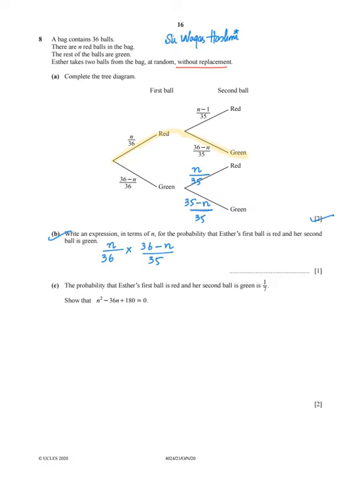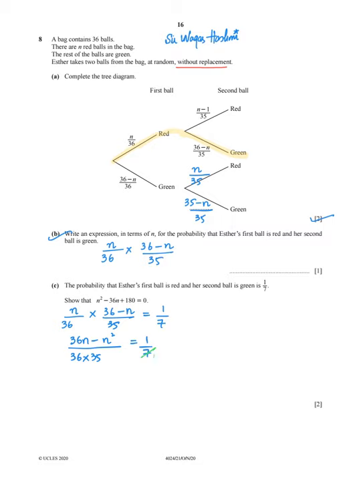So the equation we made in part B is n divided by 36 times (36 minus n) divided by 35, and now it is given that it equals 1 upon 7. Now we need to solve it. So 36 multiplied by n, it's (36 minus n squared) divided by 36 into 35 equals 1 upon 7, right?